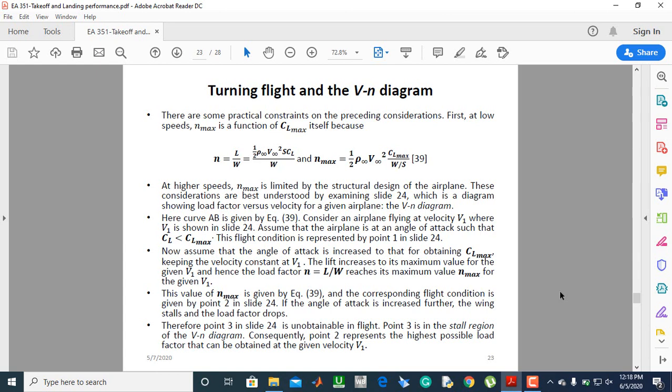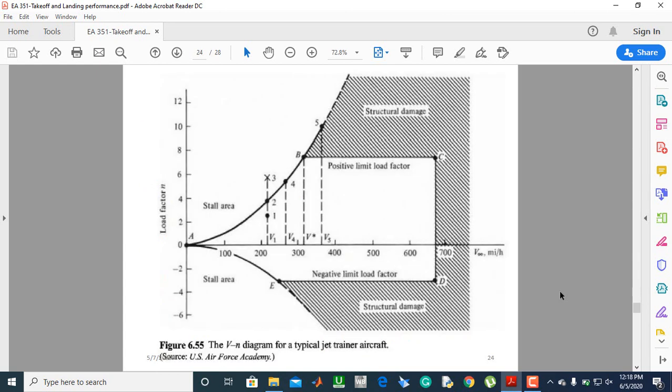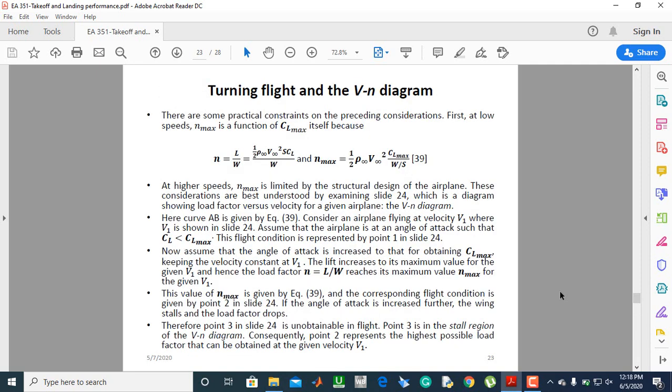The curve AB, where A starts from the origin and B is almost at the edge where the shaded line begins, is given by equation 39, just above, for maximum load factor.